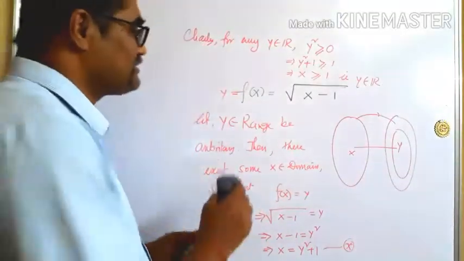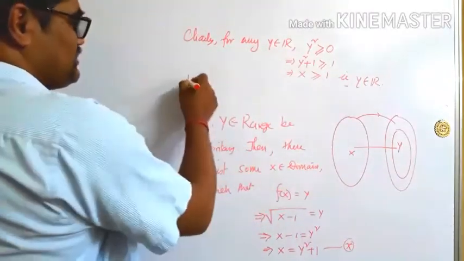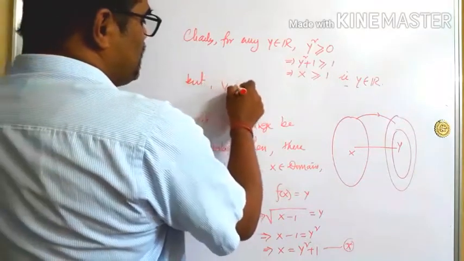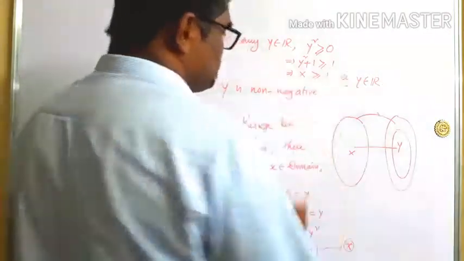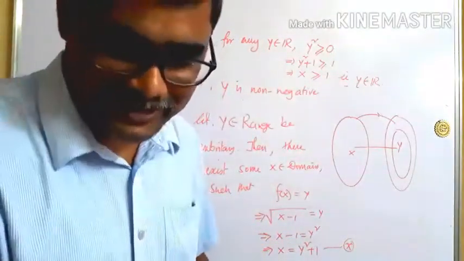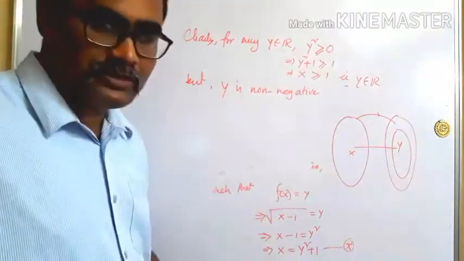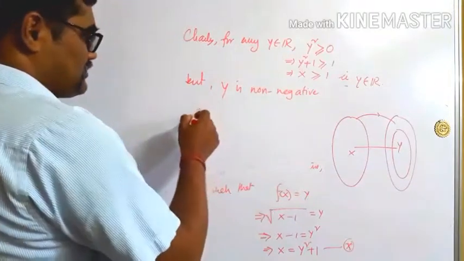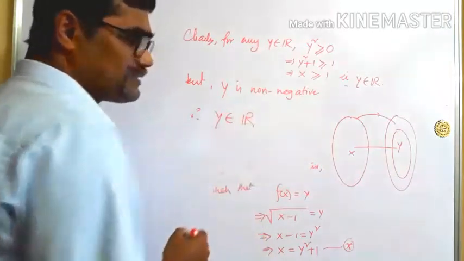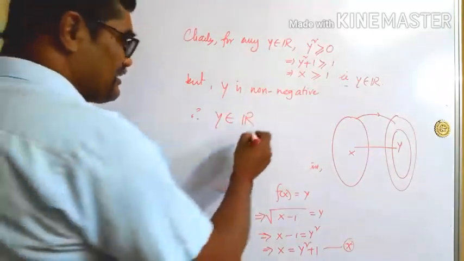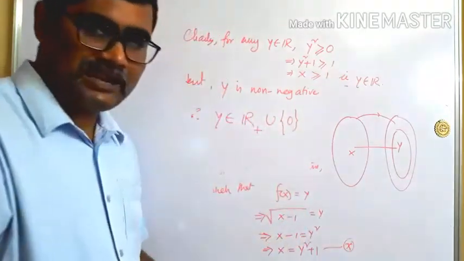So how will you write this? From the definition, y is non-negative. Non-negative means it can be 0, but cannot be negative. Do not write positive, some people might write positive, which is wrong. So combining this and this, y belongs to R plus union 0.